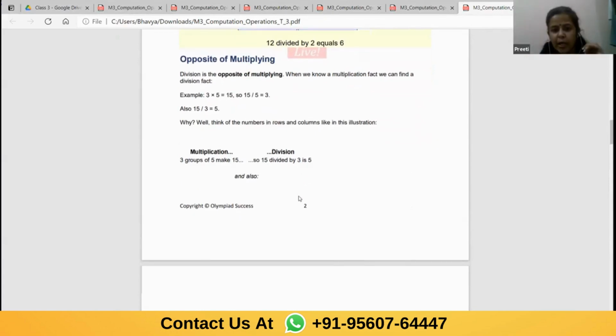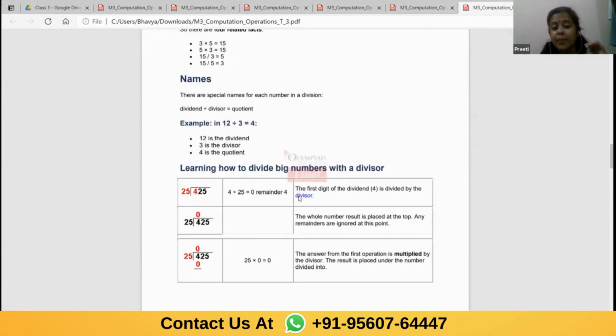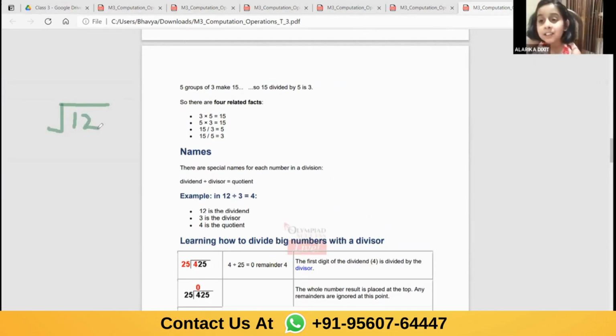Now, a very important thing. Do you know what this big number that we put inside this symbol is called? This is the sign of division. This is the dividend. The number that comes here, what is this called?